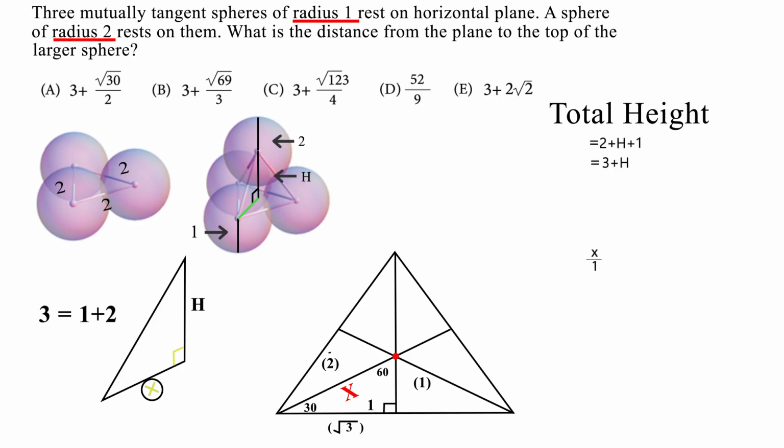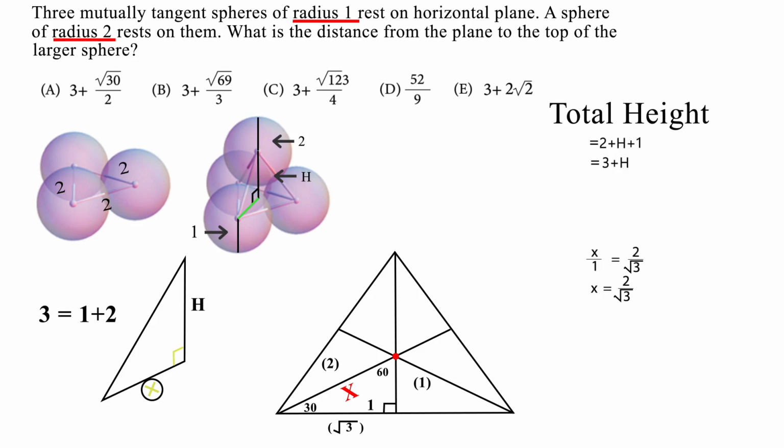X over 1 in terms of a ratio would be 2 over root 3. This guy right here. So you see how the ratio of the sides of a 30, 60, 90 triangle help us out. And therefore x is just 2 over root 3. So there we go. We've got everything we need to figure out h.